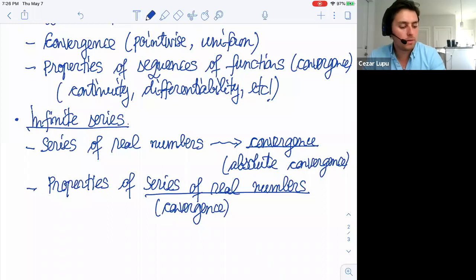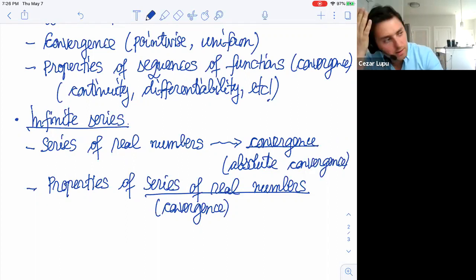For example, the Cauchy condensation test. I left it to you as an exercise to show that the p harmonic sum, the generalized harmonic sum, converges when the exponent is greater than 1 and diverges when it's less than or equal to 1.